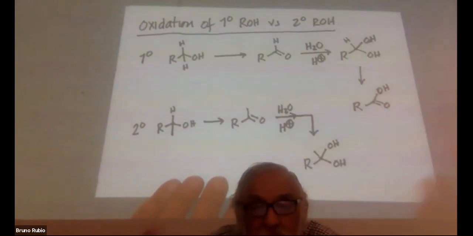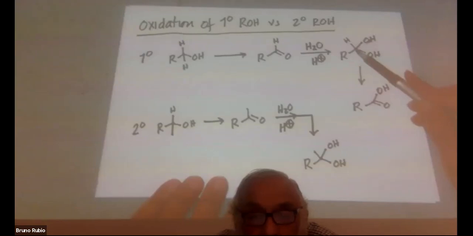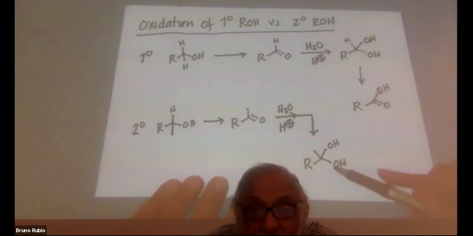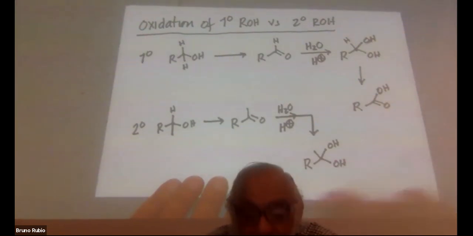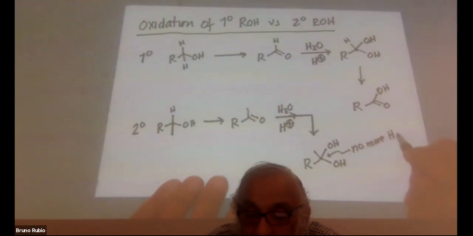So it's all the same steps, but the difference is a primary alcohol has a proton on the carbon with the two OH groups that can be removed to form an oxidation product. This guy, no proton. All of these steps happen, but they don't lead to more oxidation. So right here, this carbon, no more H's.